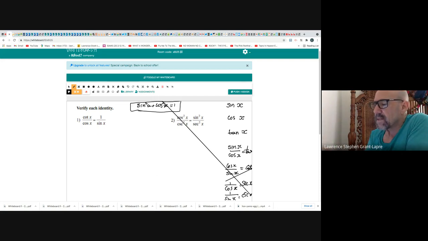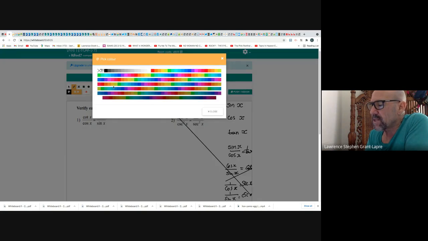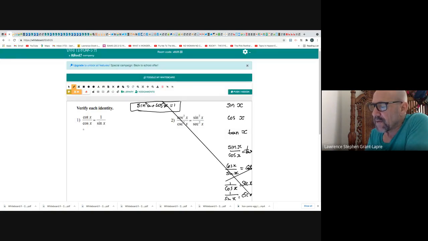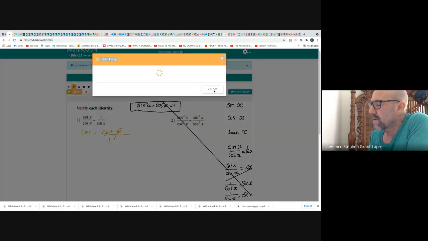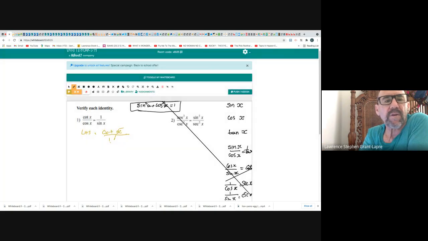So we've got lines everywhere, never mind, that's just the pen playing up. So let's start with the left-hand side. The left-hand side equals cot x over... trouble with the marker. Sorry about this. I've got to get rid of that line.